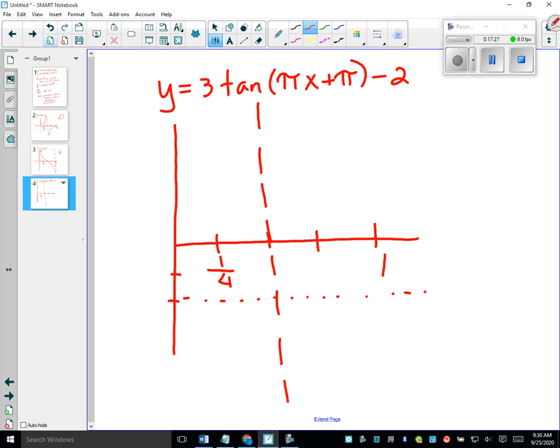When x is 0, what is y? -2. When x is 1/4, what is y? 1.